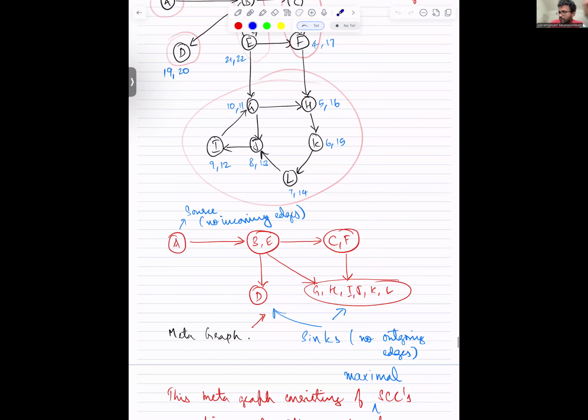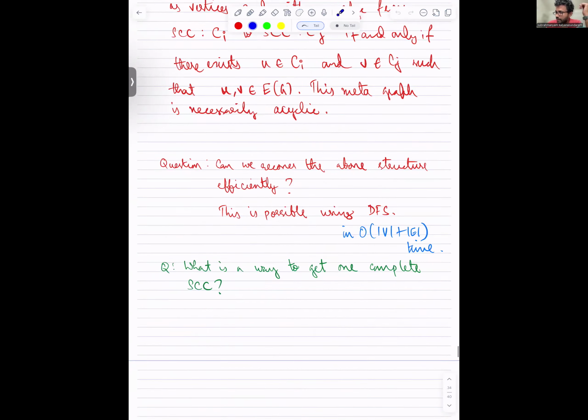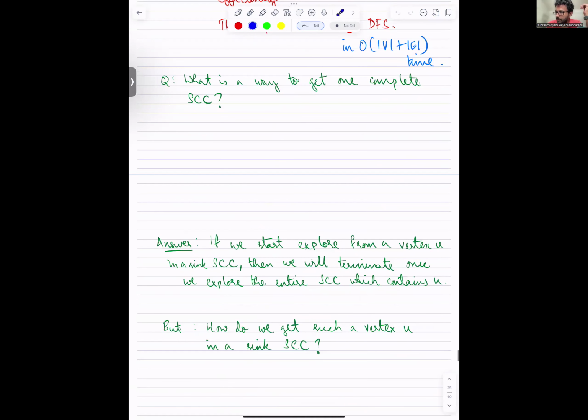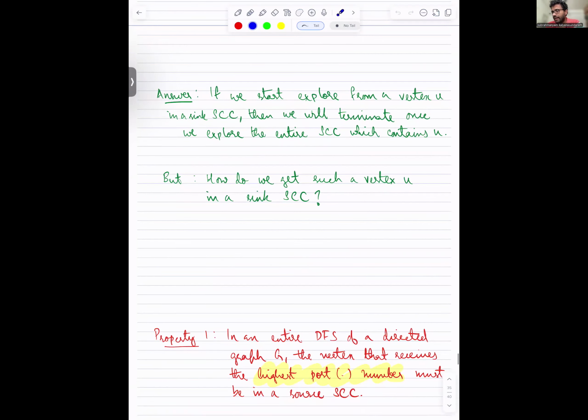So the question is, how do you figure out a vertex in a sink strongly connected component? If we start exploration from a vertex in a sink strongly connected component, then we terminate once we explore the entire strongly connected component that contains that vertex. But how do you even get such a vertex?